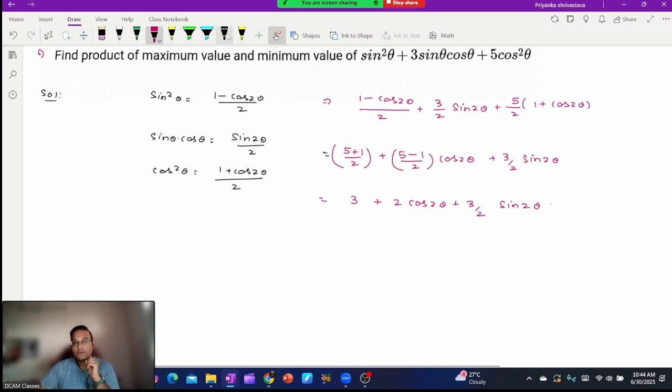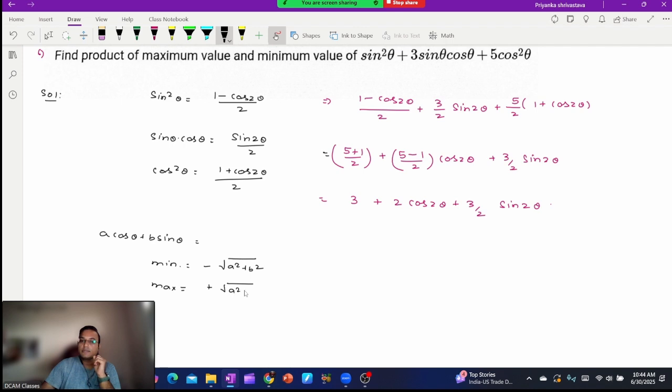Now we know, we have learned that for a cos theta plus b sin theta, the minimum value is minus root over a square plus b square, and the maximum value is plus root over a square plus b square. Here this is a and this is b.